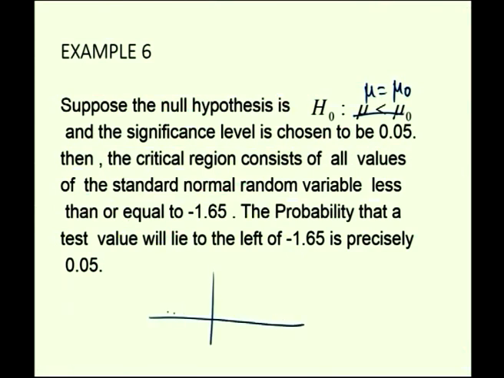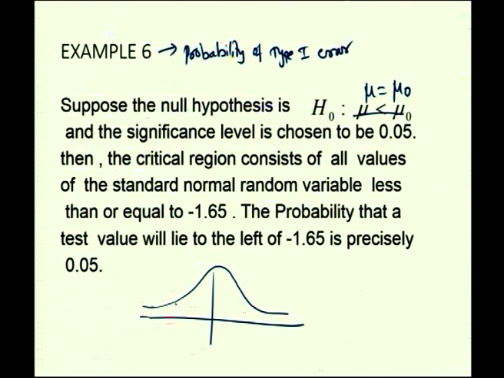This is an example showing probability of type 1 error. So, this is z is equal to minus 1.65 and this area is 0.05. Here H naught is true and it is rejected.